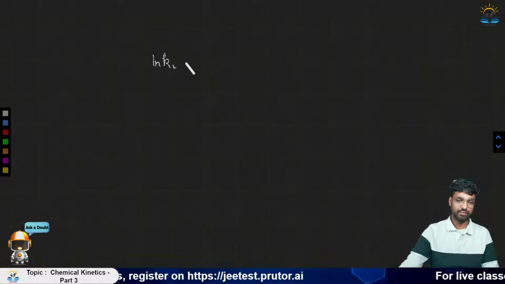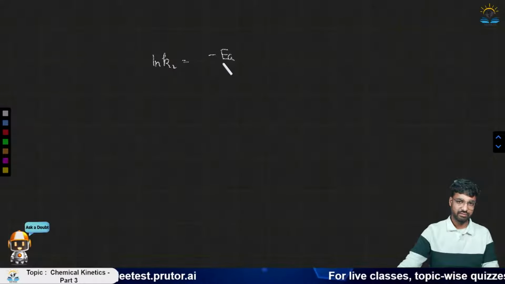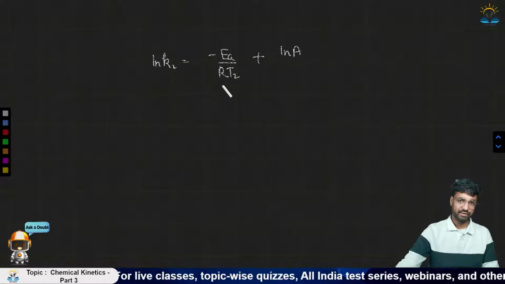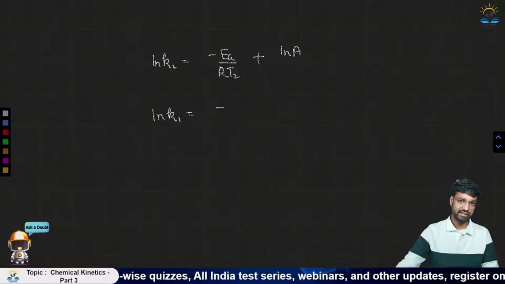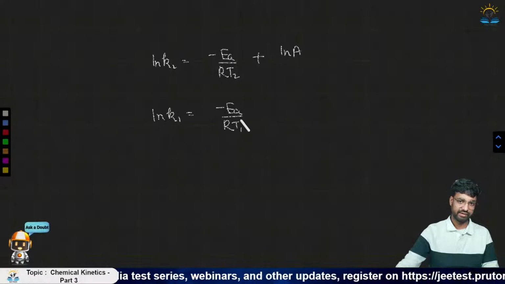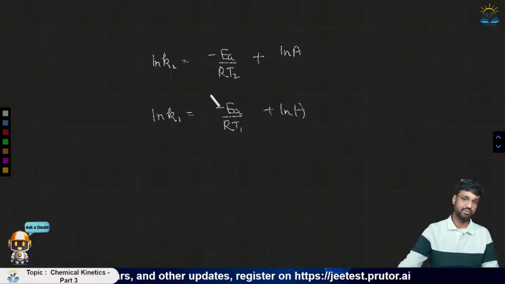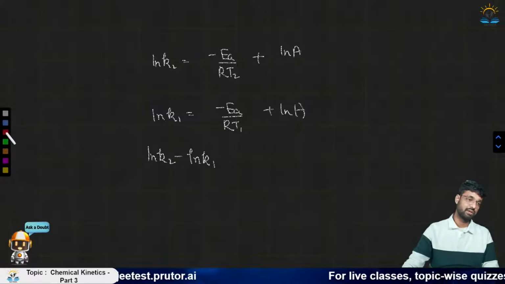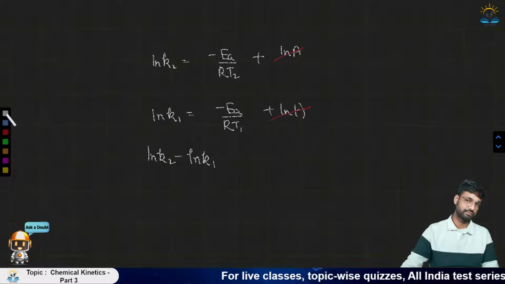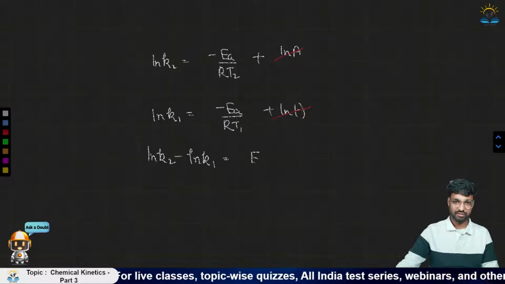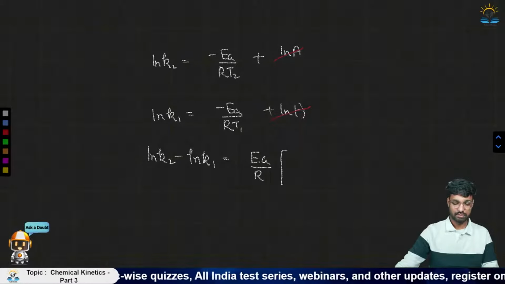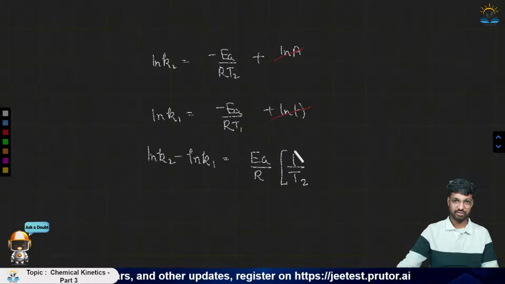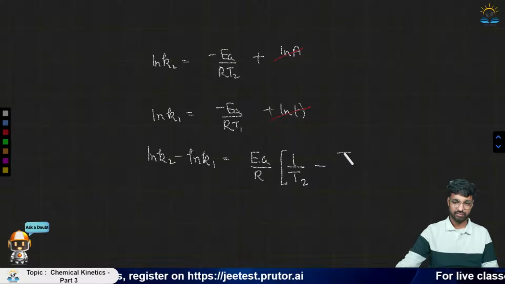It is written as ln K2 equals minus Ea by RT2 plus ln A, and for K1 we can write it as minus Ea by RT1 plus ln A. Now if we subtract both these equations, that is ln K2 minus ln K1, these terms are the same, so they will get cancelled, and we will get this value as Ea by R times 1 by T1, sorry, 1 by T1, okay, minus 1 by T2.